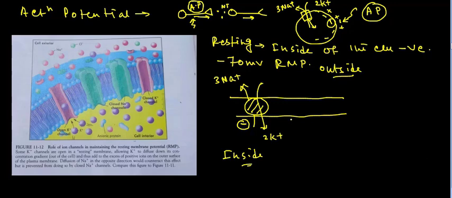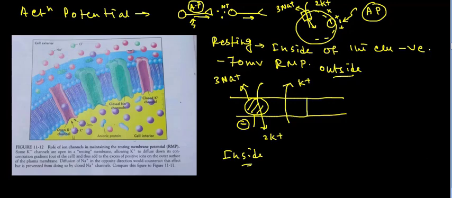Apart from this, the leakage K plus channel remains open in a resting neuron. So K plus effluxes from inside of the cell towards the outside. The cation which enters the cell moves back towards the outside, which also causes negativity inside the plasma membrane.